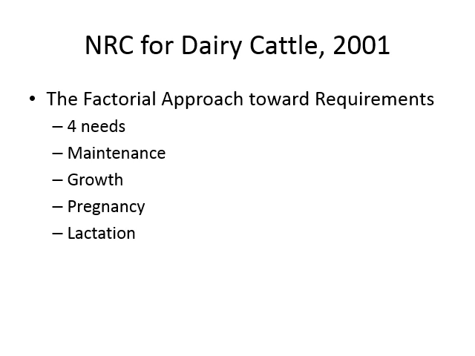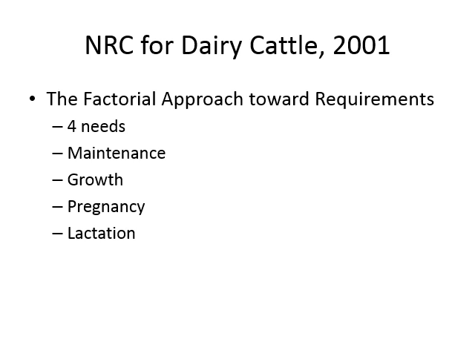So thinking about the requirements of dairy cattle, if we use the NRC dairy, it details 4 states. Maintenance, there are nutrients associated with that. Growth, pregnancy, lactation, there are nutrient needs associated with each one.